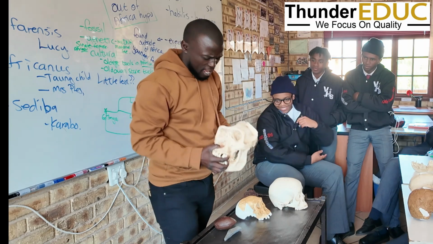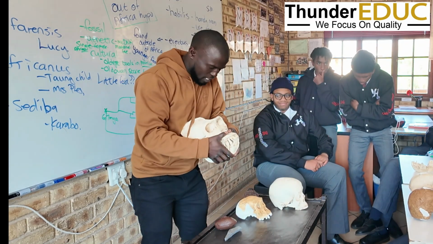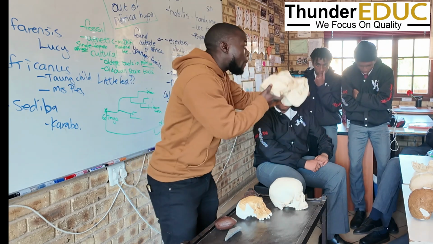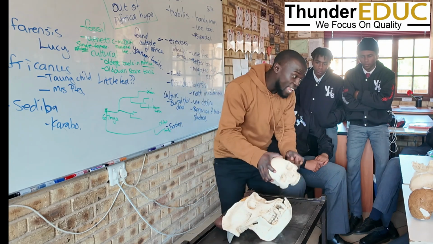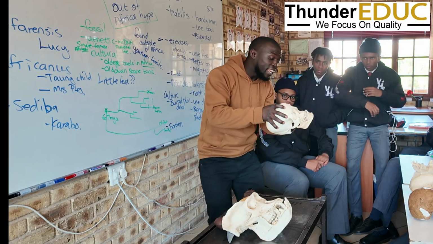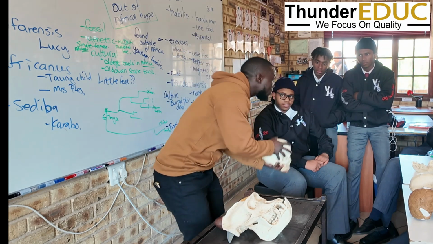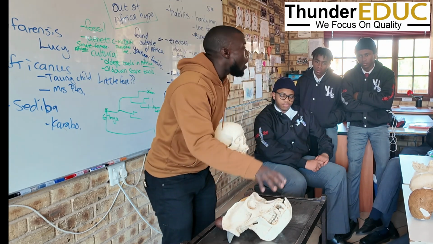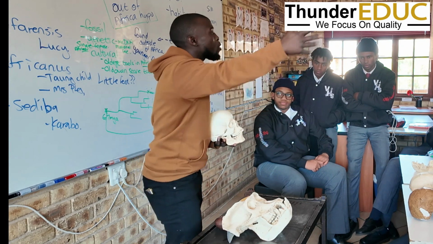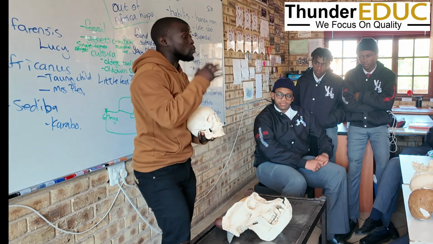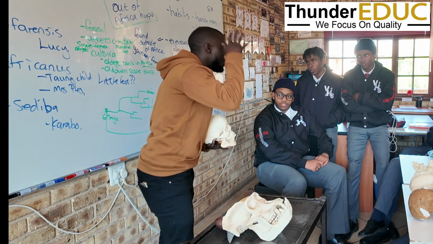You understand? Yes. So, when you use the word prognathous, listen carefully. These ones are prognathous. For this one, don't say less prognathous. We say it is not prognathous. I know the books say more prognathous, less prognathous, but when you're marking, these are prognathous, these are not prognathous.